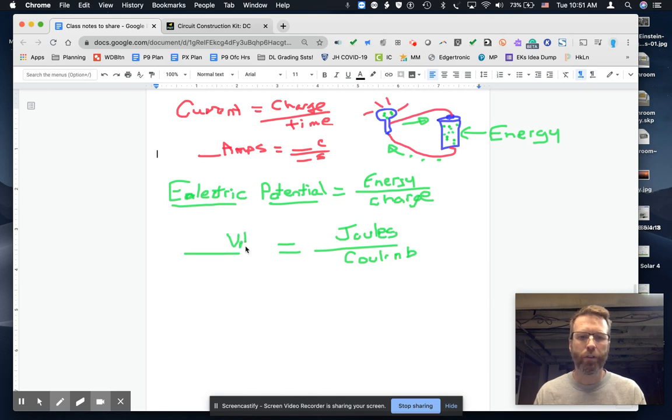Now, I know you've heard that word, volt. A volt is the amount of energy in joules divided by the amount of charge in coulombs. So volts are energy per charge. The units, volts, are equivalent to the units, joules per coulomb.